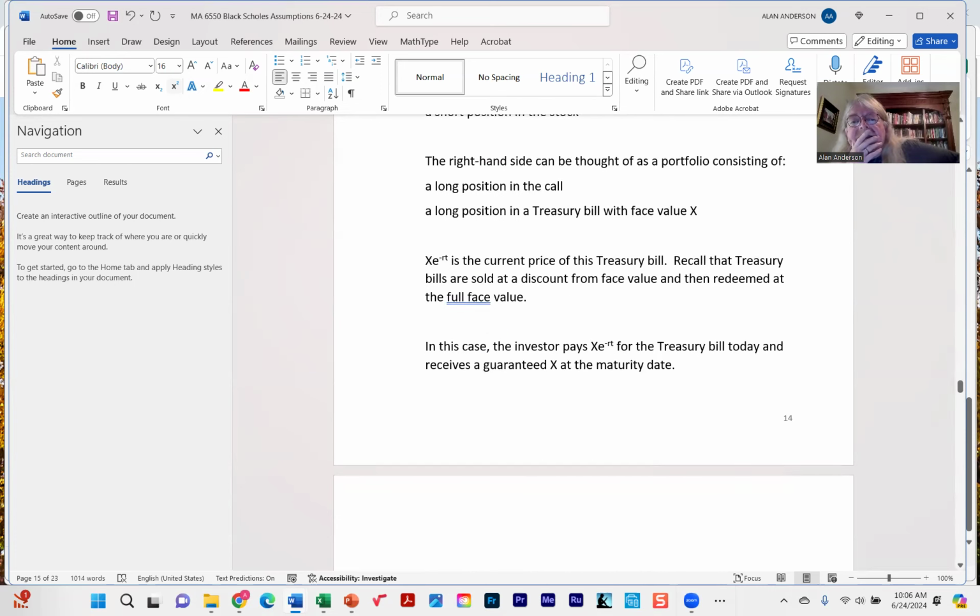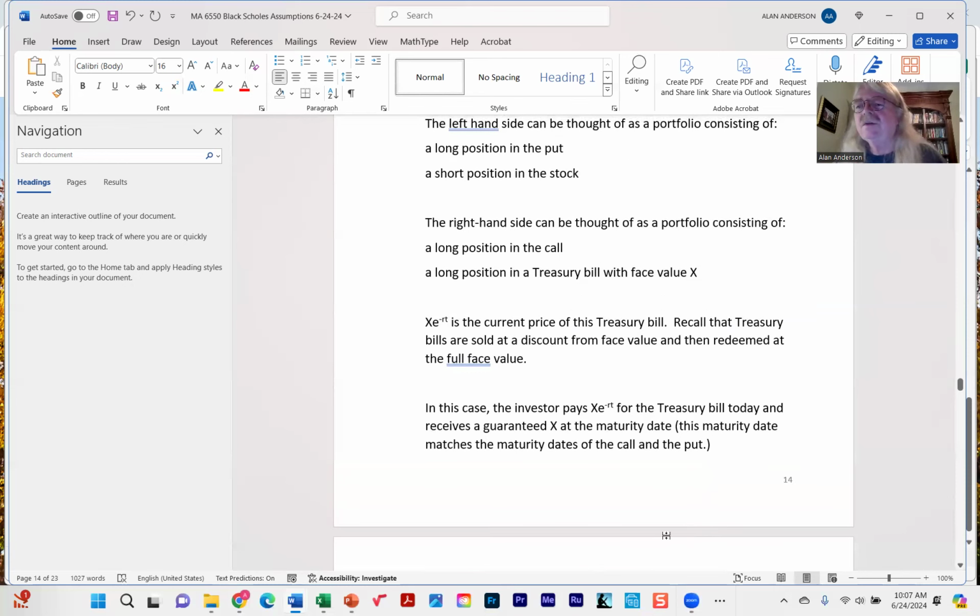Okay, that's an important detail. So in other words, you're paying a discounted price now, and by the way, I want to mention this too: this maturity date matches the maturity dates of the call and put. That's a very important detail. They're all expiring or maturing at the same time, in other words. Otherwise none of this works.